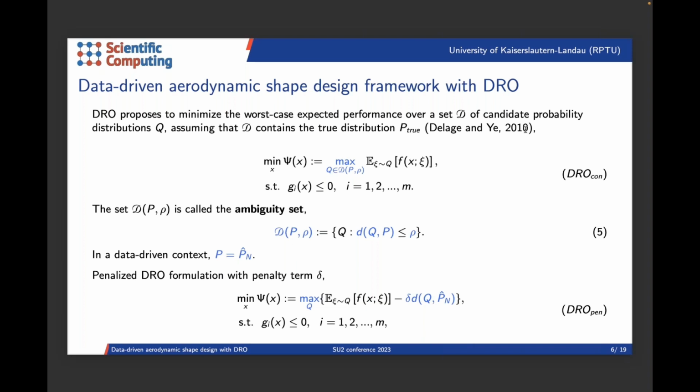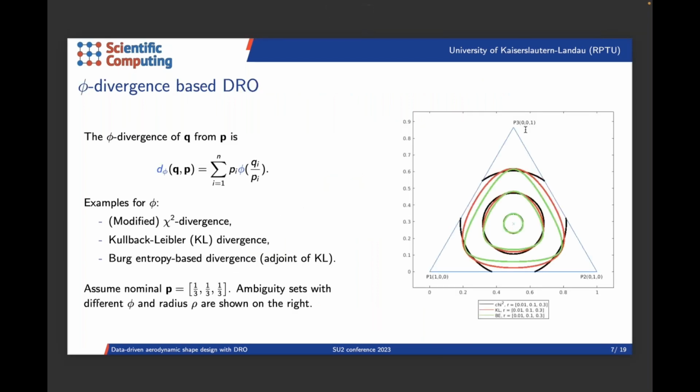In a data-driven context, we choose the nominal distribution to be the empirical distribution that we have observed from the data. Another well-established formulation uses the soft penalty term delta instead of imposing the hard constraint, resulting in this penalized formulation. And we see in both formulations, the distance measure D is the key that links the statistics to optimization.